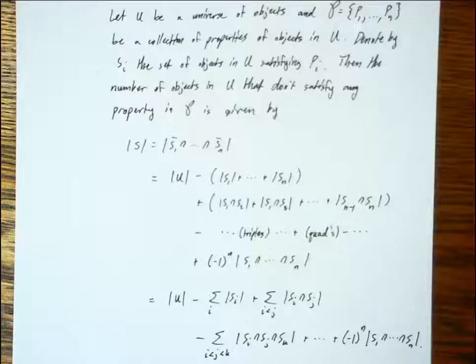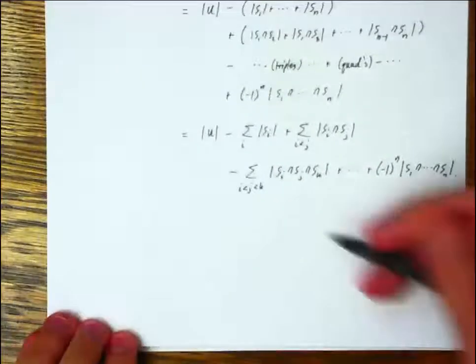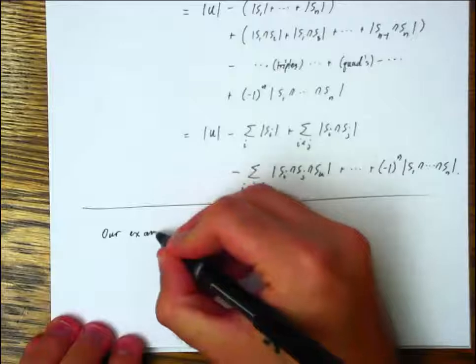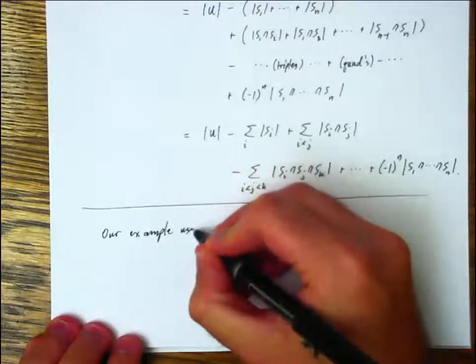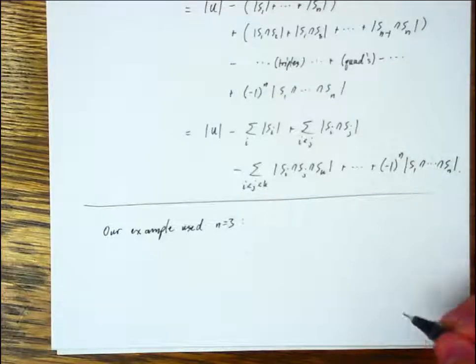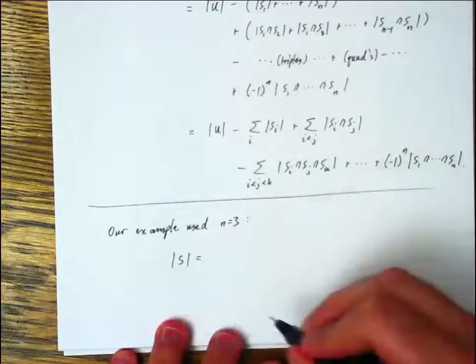Awesome. Okay, so our example used n equals 3. And the way this looks, it's all the things that we want to count.